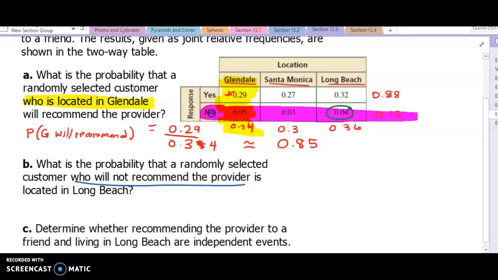Okay, of all of them who don't recommend it, 0.04 is from Long Beach over all of them, which is 0.12. 0.04 divided by 0.12 is 0.33, or 33% of all the people who don't recommend come from Long Beach.